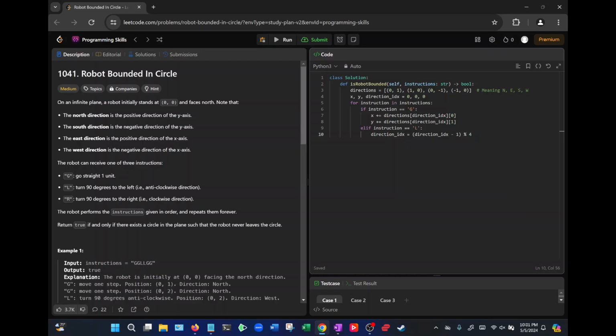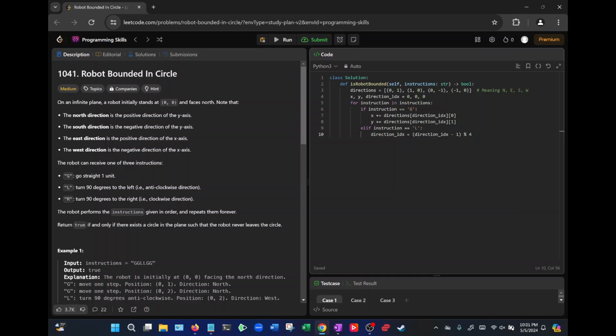So if we start with the direction index at 3, 2, or 1, then this is not going to do anything, because the remainder after dividing by 4 is just going to be the value, because 4 does not go evenly into any of those numbers. All of those numbers are strictly less than 4 and positive.